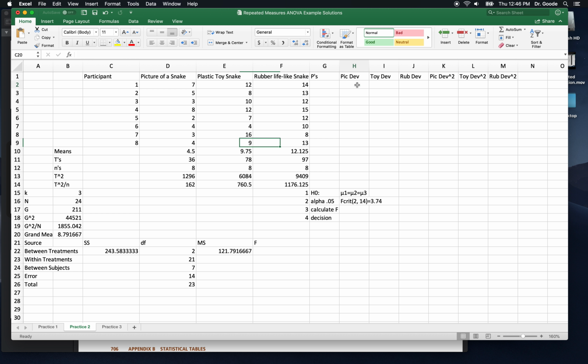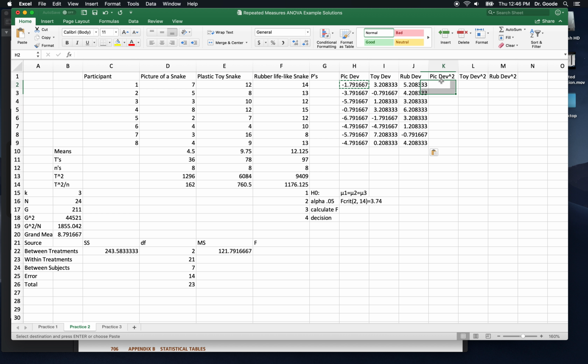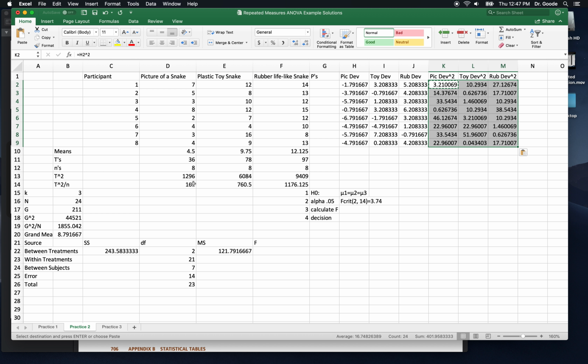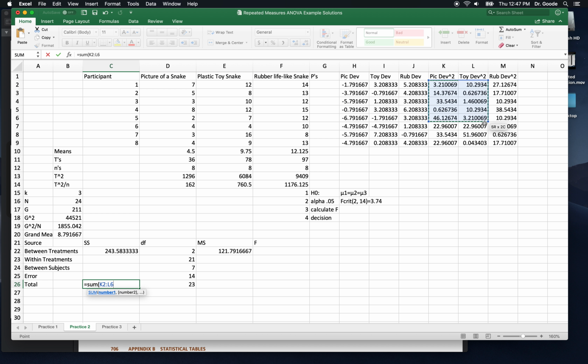And now I can get deviations of every score from the grand mean. I want to make sure that that's the same grand mean for all of these deviations, and then I'm going to square those deviations. There we go. Total then is the sum of the squared deviations of every score from the mean of all the scores.